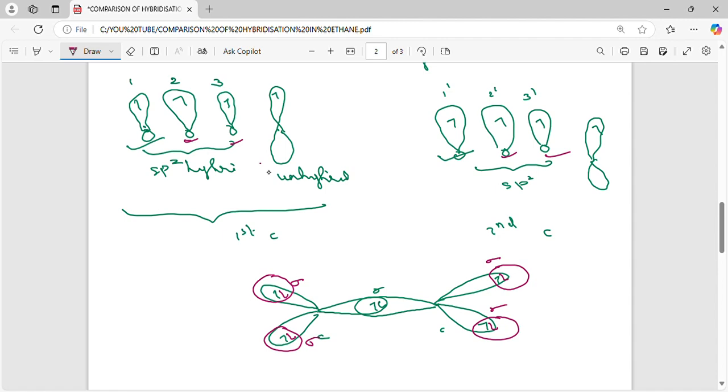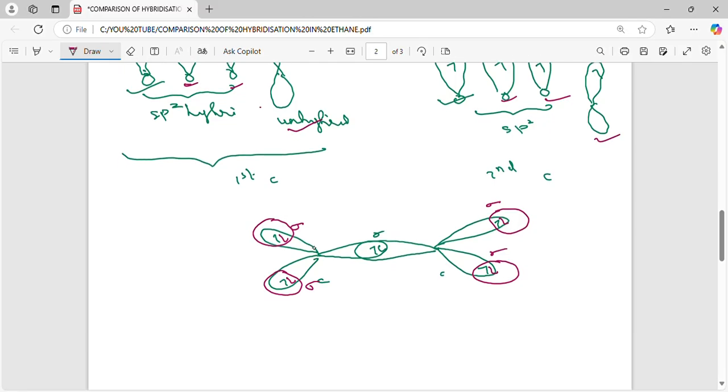Now the one which is not used is the unhybridized p orbital of each carbon. This unhybridized p orbital always lies perpendicular to the plane. So this is the unhybridized p orbital, and there is a single electron.